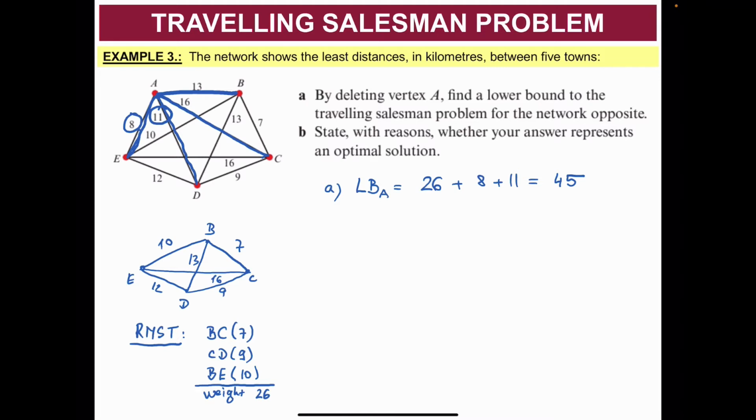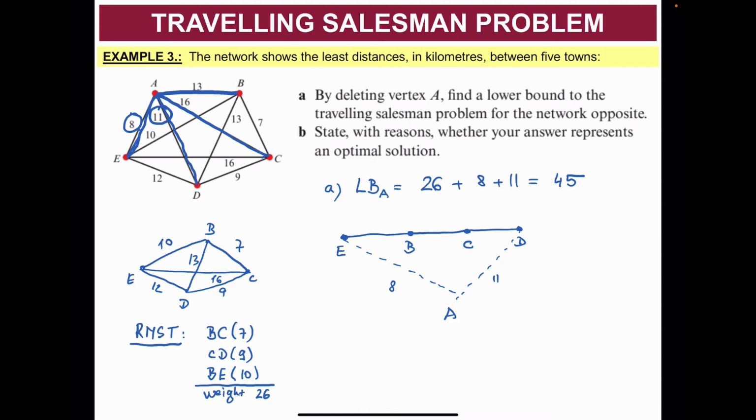If you want to sketch it, of course you can: BC, CD, BE, and the shortest arcs with A were AD and then AE. So this would be 8 and this would be 11.